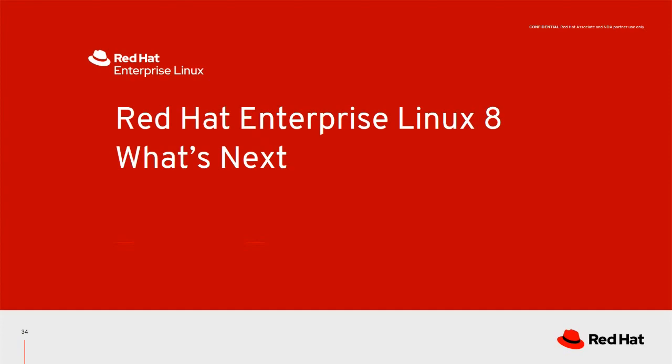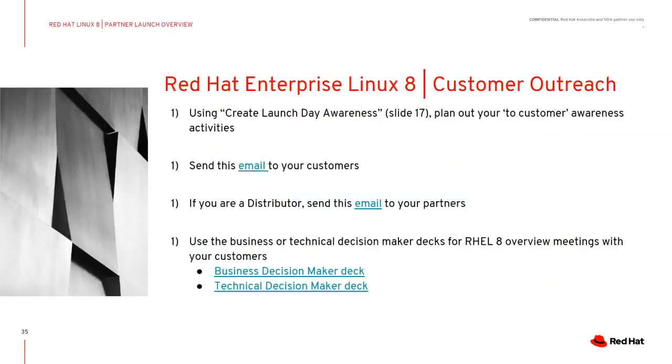So, Red Hat Enterprise Linux, what's next? That's the main thing. Red Hat Enterprise Linux customer outreach. Using Create Launch Day Awareness, slide 17, that is part of that. Send this email to your customers, so you can start with email campaigns.